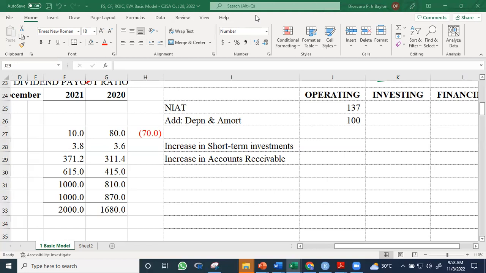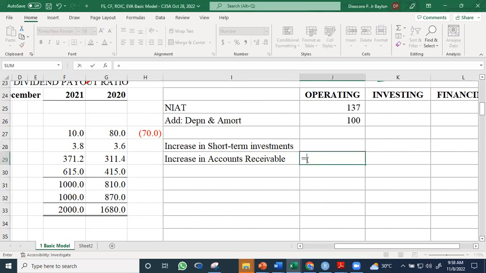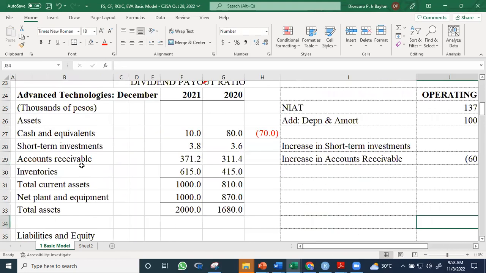You have to understand this because we will never be able to construct a statement of cash flows if we can't even define a source and a use. Source means it increases the cash balance. Use means it decreases the cash balance. Okay, so all right, positive 60. We have to subtract, no? Okay, all right.